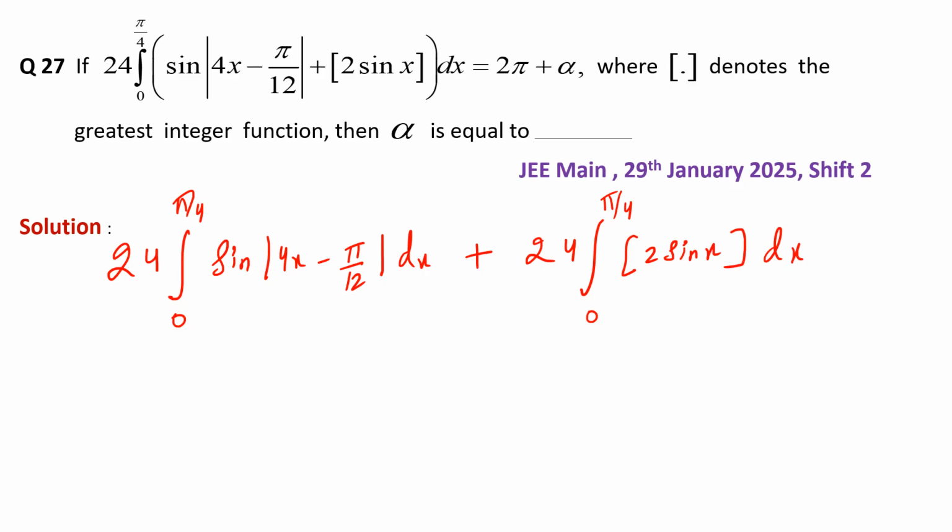Now students, the first integral we will break as per the modulus function and the second as per the greatest integer function.